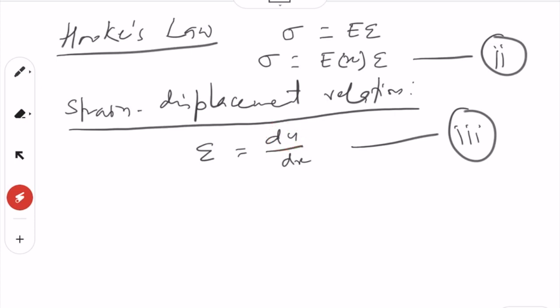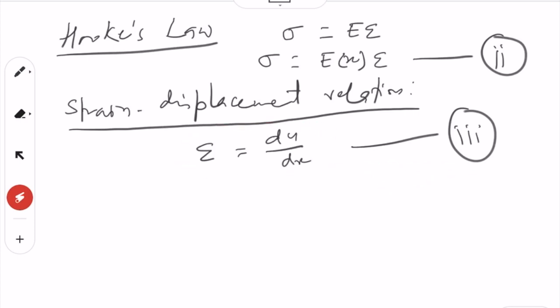If you have a bar like this one, u2 minus u1 divided by L will give you the strain, as we have done in the programming, you must have seen that. In the direct method also we tried to find out the strains. We found the displacement at one end and the displacement at the other end, took the difference and divided by the total length. So, that gave us du over dx basically.